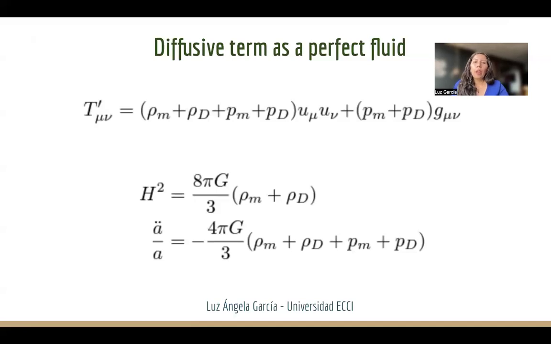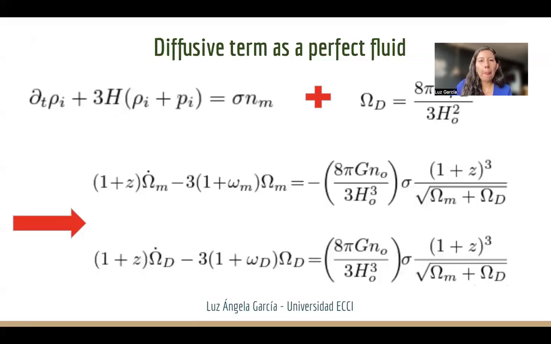And so the new Friedmann equations are represented in the bottom side of the slide. And as you can see, we have now two terms that are somehow similar to what we have if we introduce a form of dark energy in the Einstein equation.